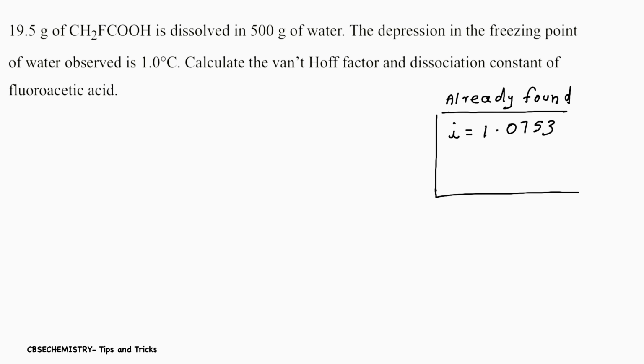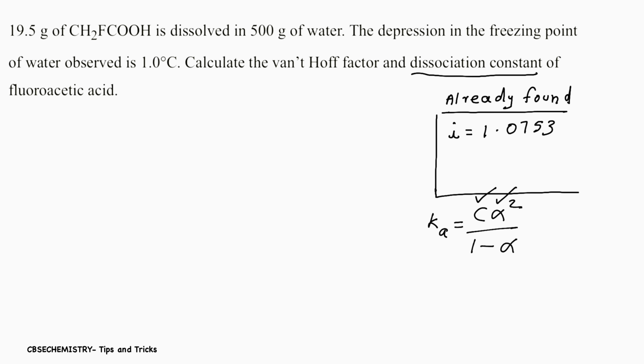Next part is to find dissociation constant, right? See, if the question is regarding dissociation constant, you must know this equation. Dissociation constant is equal to C alpha square by 1 minus alpha, where C is molarity, alpha is degree of dissociation.